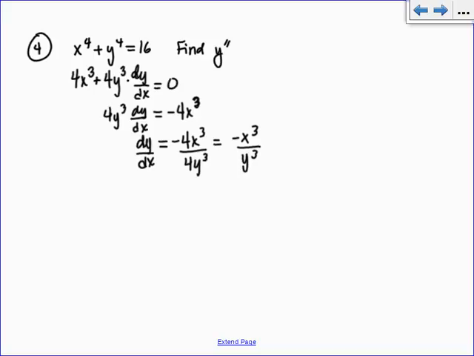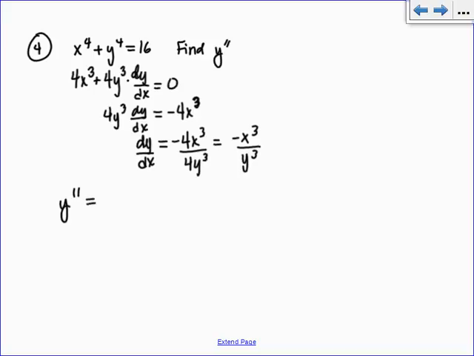Do it again. So if we're going to do it again, really the way we'd write the second derivative is d2y over dx squared. But I know most of you guys probably don't like that notation. You're like, what? So you can also just write y double prime, right? Same thing.